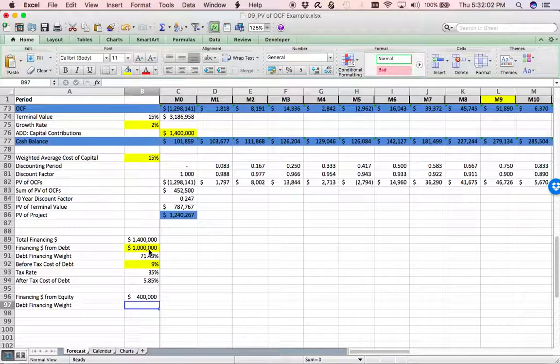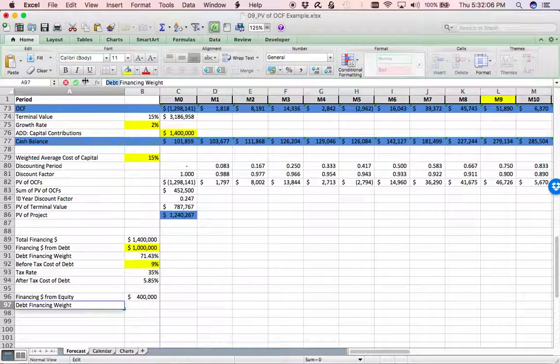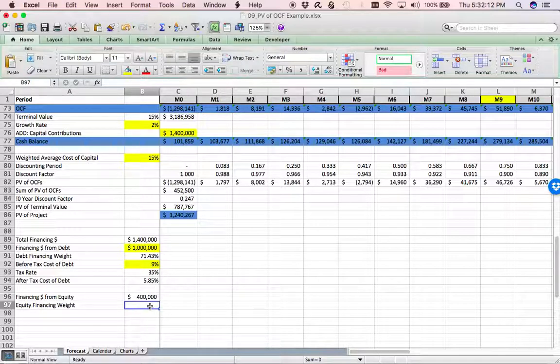And the equity financing weight, you can either do what I'm going to do, which is to just calculate that ratio again, or you can take 1 minus the debt percent, because these two percentages have to add up to 1. But I'm just going to do 400 divided by 1.4 million. If you add this percent and the debt financing weight percent together, they should equal 1.